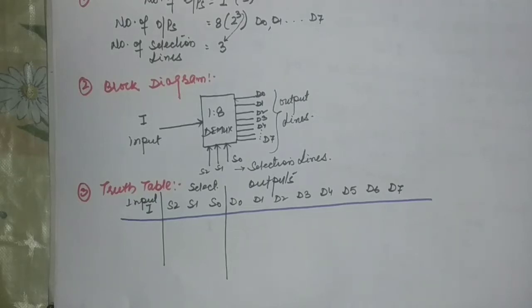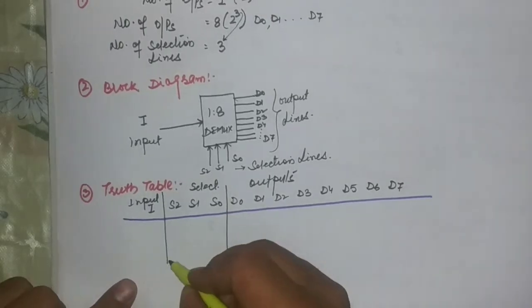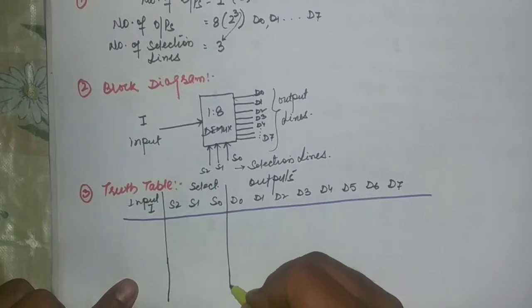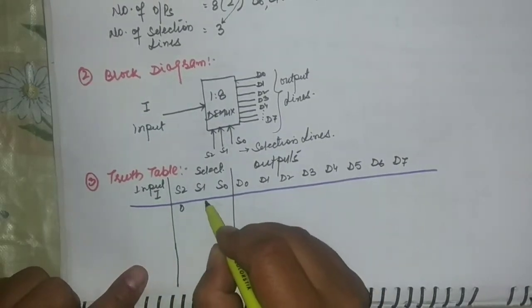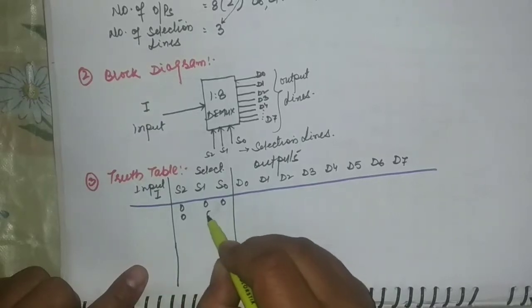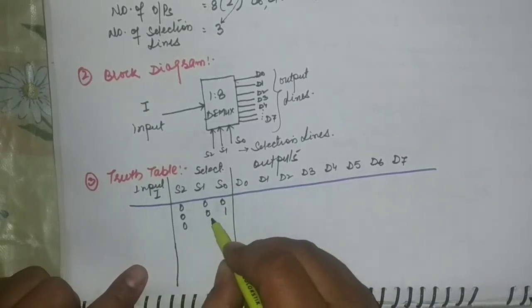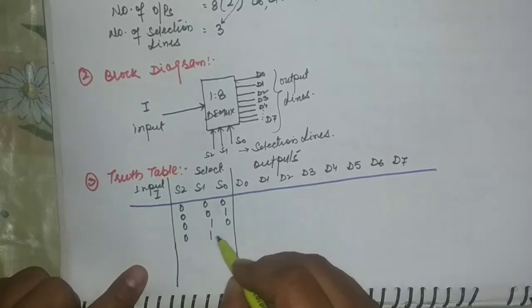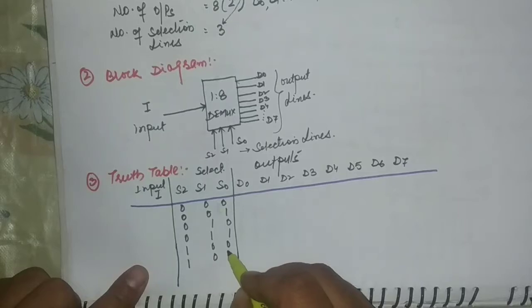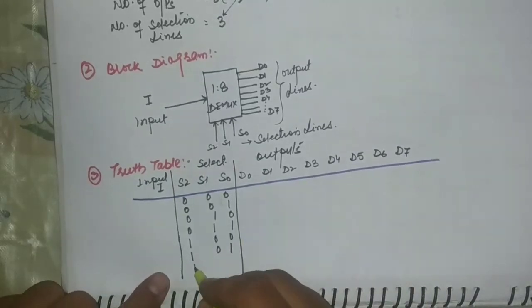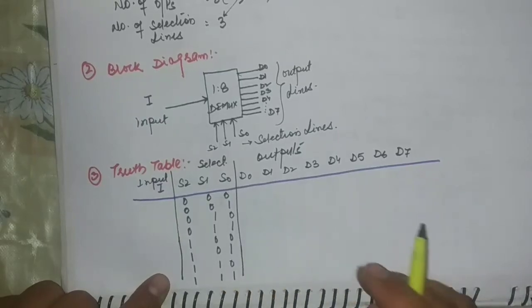Now, because there are 3 selection lines, the number of combinations can be from 0 to 7, so in total 8: 0, 1, 2, 3, 4, 5, 6 and 7.